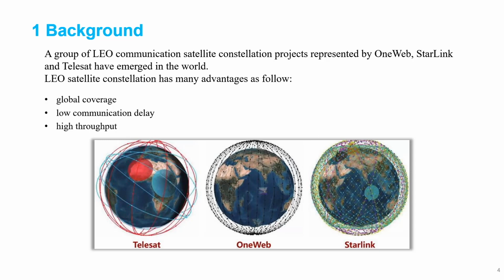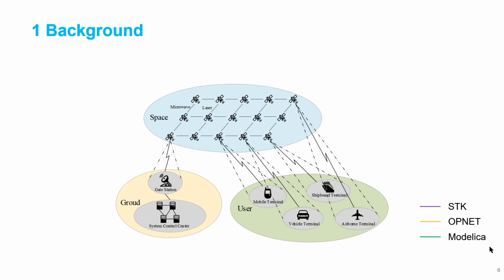Third, they have high bandwidth, mainly based on Ka and Ku frequency bands, bringing higher communication speed. This figure shows schematic of a low Earth orbit communication satellite constellation.